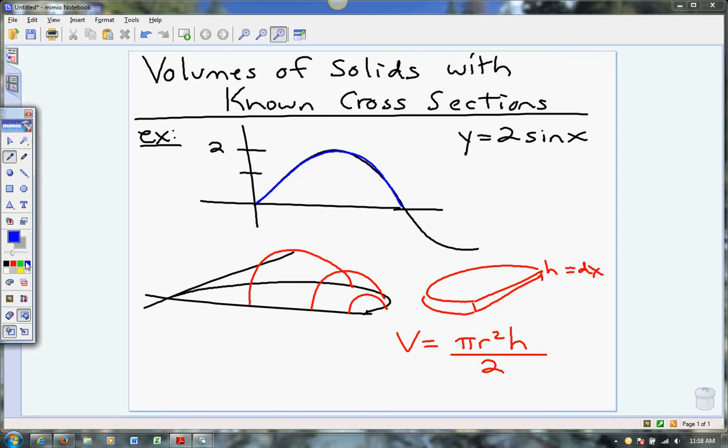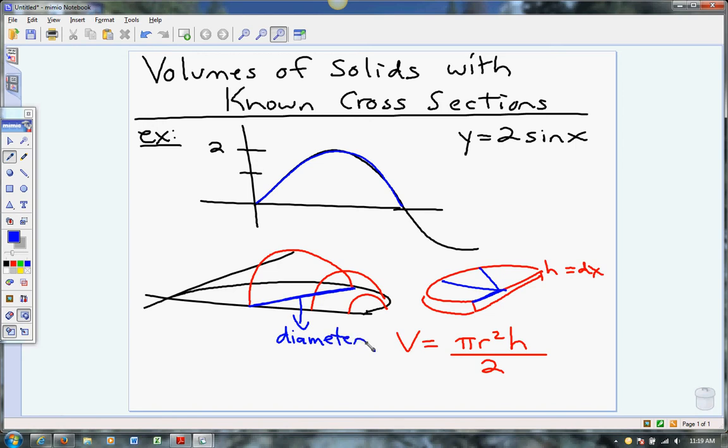Technically, the radius would be this, right? Well, let's think for just a minute here. Couldn't I draw it up here like this? The radius can go anywhere. If you look at this thing right here that I drew, this is the diameter of my semicircle.